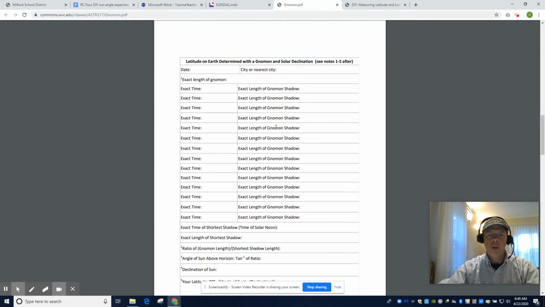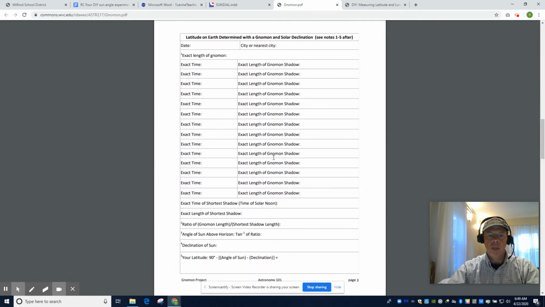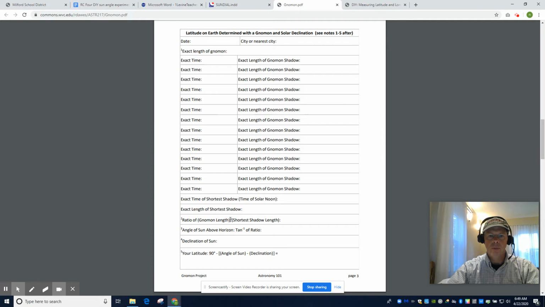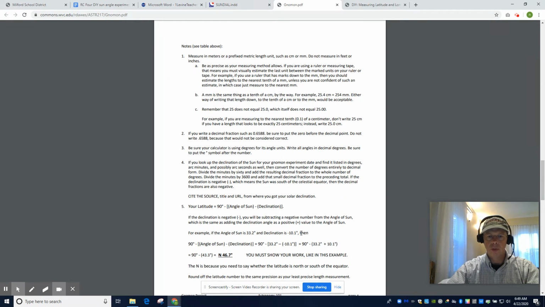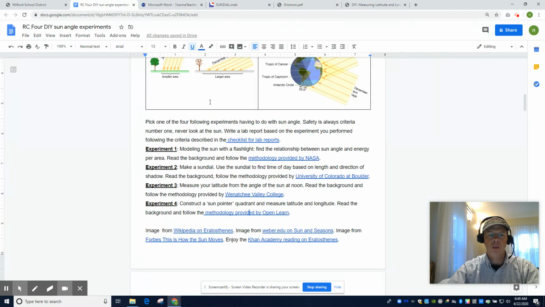And again, they give you a data table. They ask you to do a little bit of trigonometry down here. So you can see they're using some technical vocabulary, declination. Anyway, I'll let you try to figure out where your latitude and longitude is. The third one's a little bit more technical.